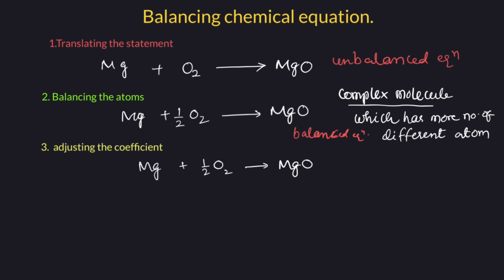Now I am adjusting the coefficient by multiplying with the number 2. The whole equation we have to multiply with any one number, not an individual reactant or individual product. You have to keep in mind the whole equation we have to multiply with the same number. That is the point here, to make it into the simplest whole number instead of a fraction.